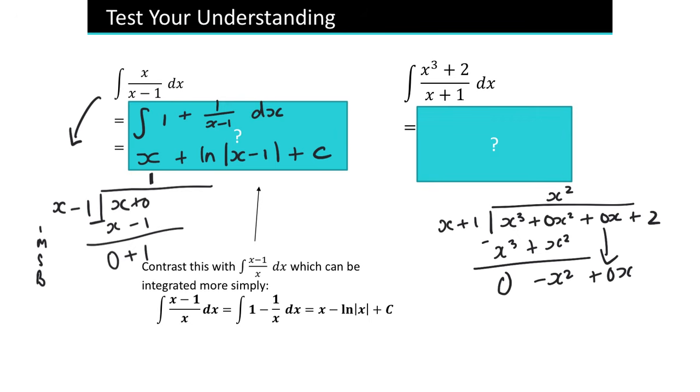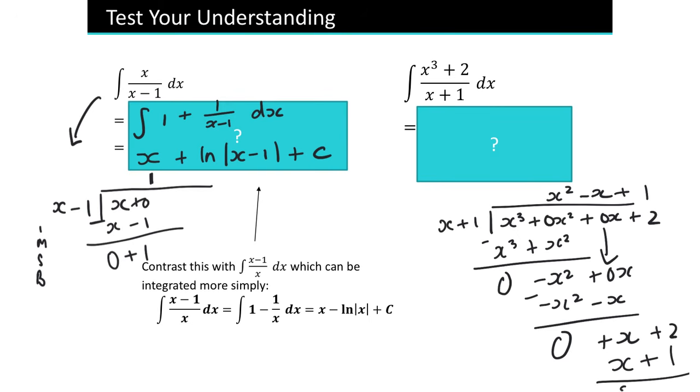Okay, so x times minus x is minus x squared, minus x. Then I'm going to multiply minus x squared minus x. Take away 0. 0 minus minus, I get plus x here. Bring down plus 2. Multiply, this is going to be plus 1. X times what is x? 1x plus 1. So I'm going to get 0. 2 minus 1 is 1.